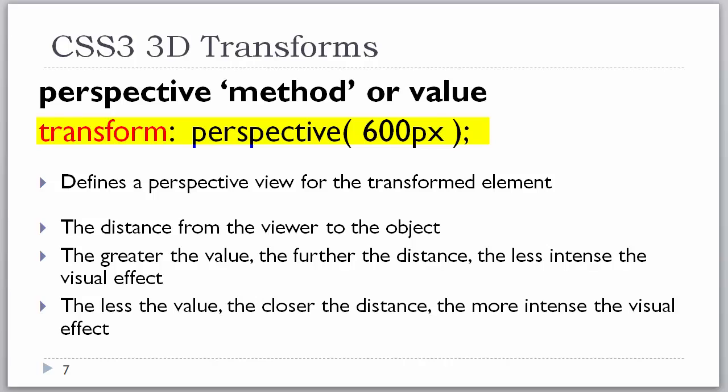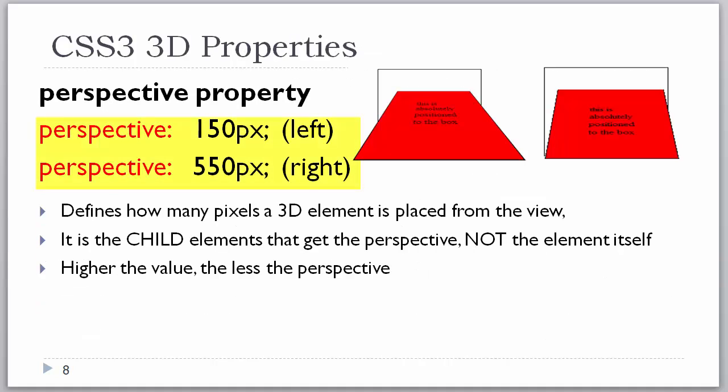Alright, so this perspective exists as a method or value of the transform property. We also have a perspective property, where you can set a value. So here we see perspective set to 150 pixels, and that is the left image.